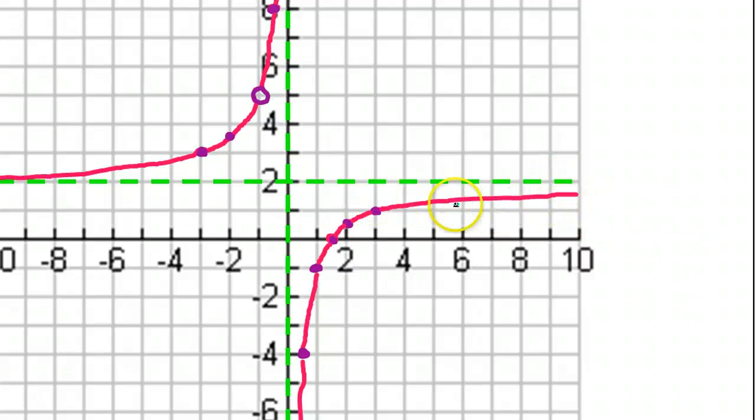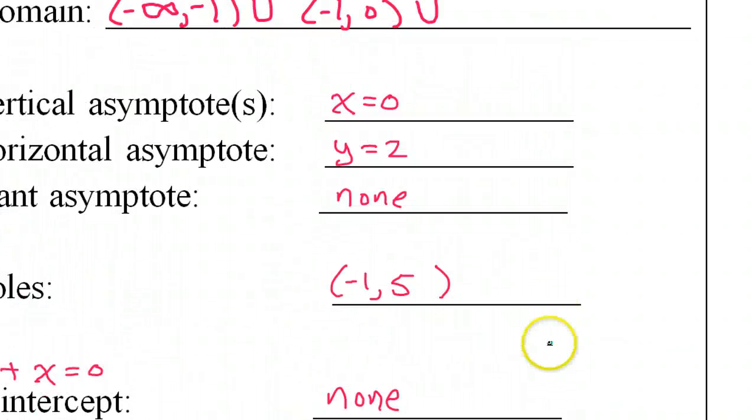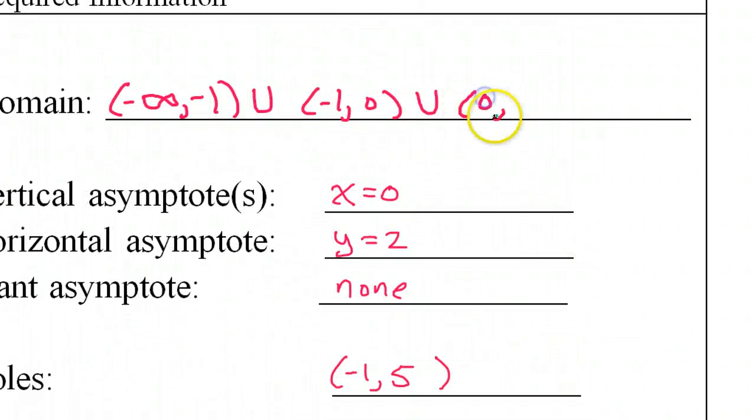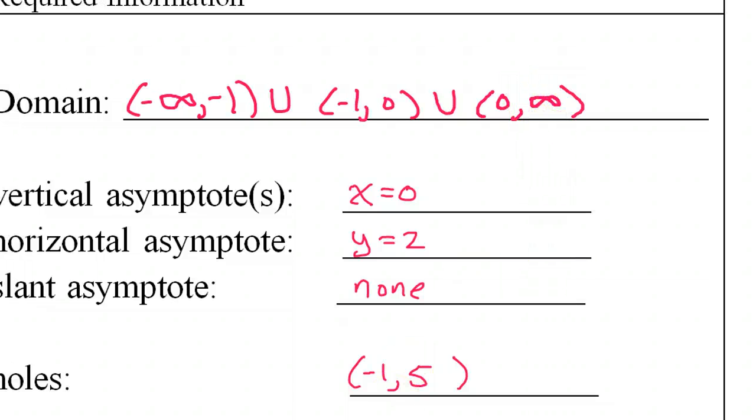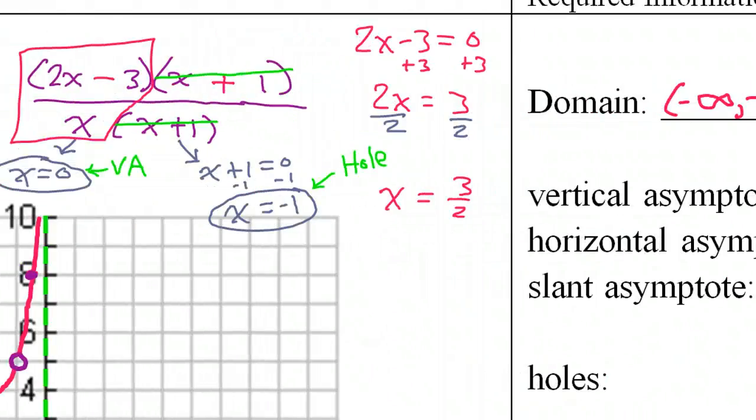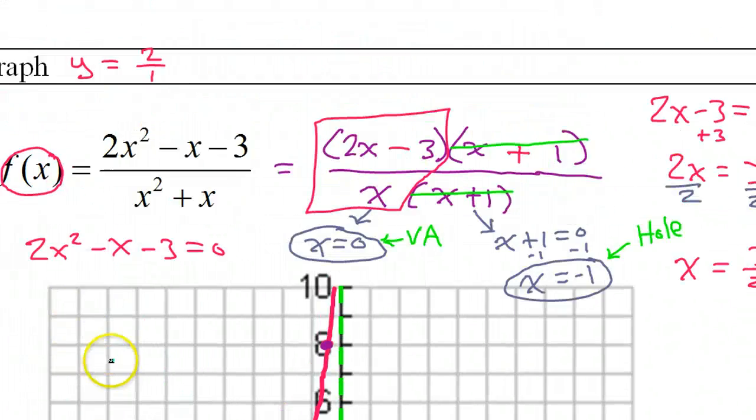We're talking x value, so it goes to the right forever. So that's why we're saying positive infinity. And that is it for number 7.